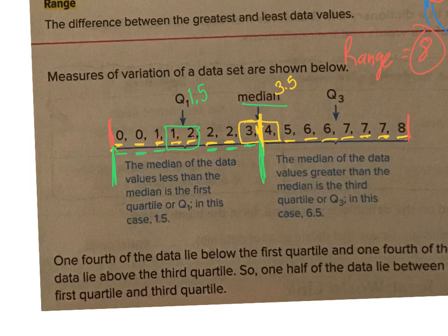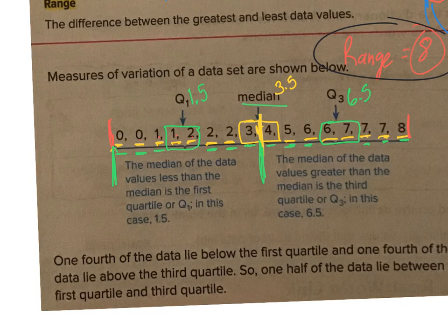Now, I got to do the same thing over here. Take one away, one away, one away, one away, one away, one away. Then I have 6 and 7. 13 divided by 2 is 6.5. All right, so we have this whole set, a range of 8.